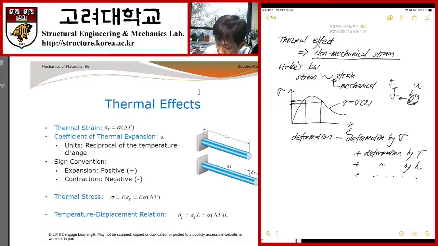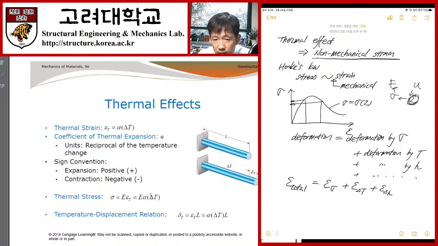So total strain. Let's consider total strain. Total strain is strain caused by stress, plus strain caused by temperature change, plus strain caused by humidity change.